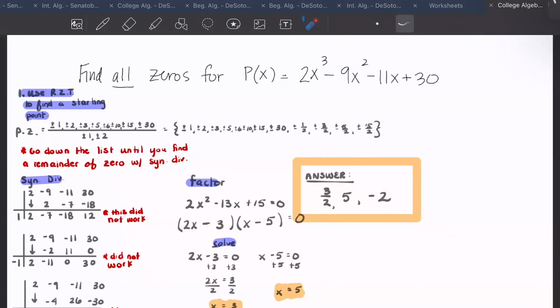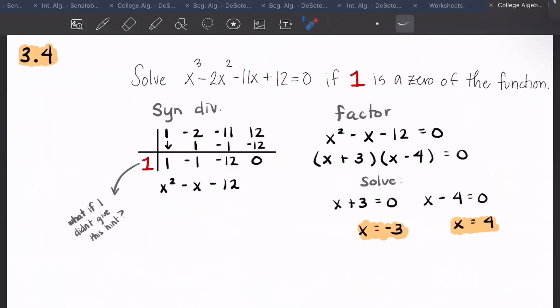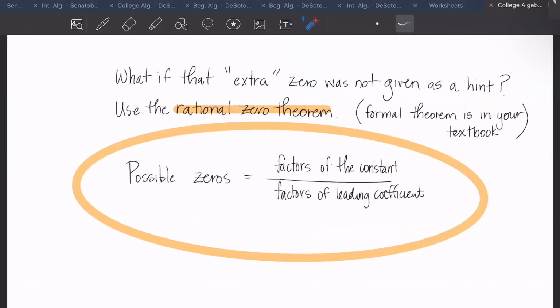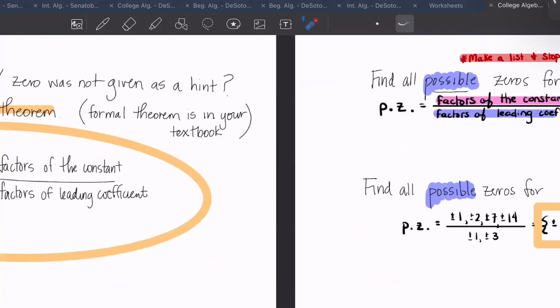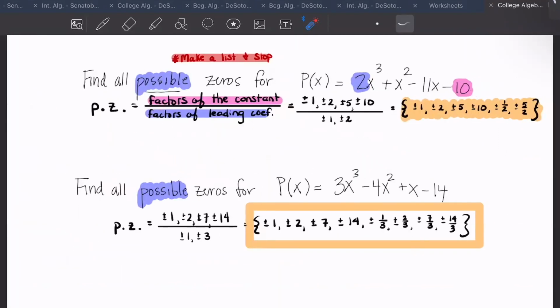All right, so in this section we went over again, if I gave you a 0, then you do synthetic, factor, solve. If I don't give you a 0, you need to use the rational zero theorem, which is finding all your possible zeros, and that's factors of the constant over factors of the leading coefficient. That's when you make a list.